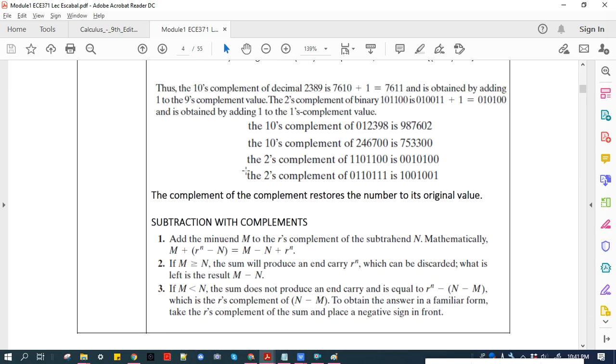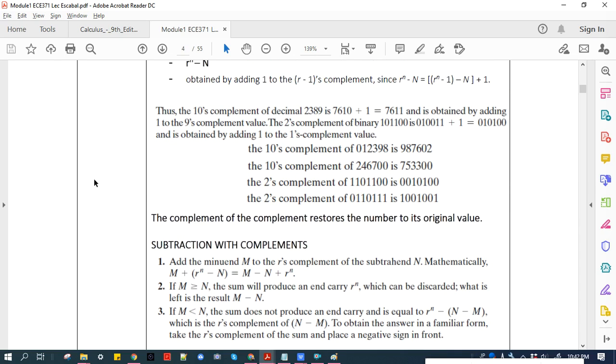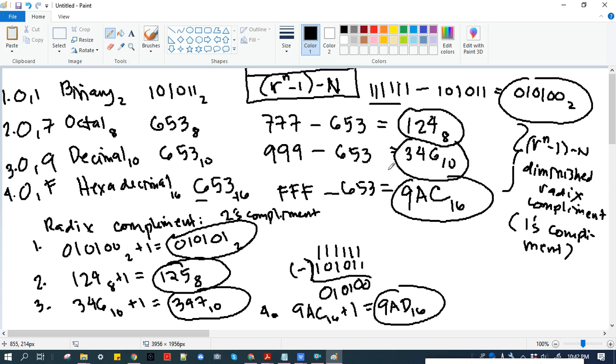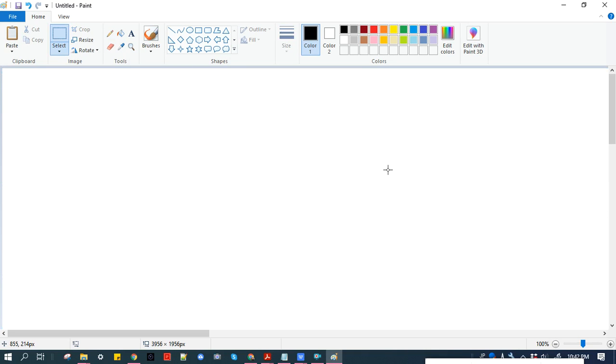So try to read these other examples. Let's try this: the 10's complement of 246,700. 10's complement is the radix complement. 9's complement is the diminished radix complement if you're talking about the decimal number system.